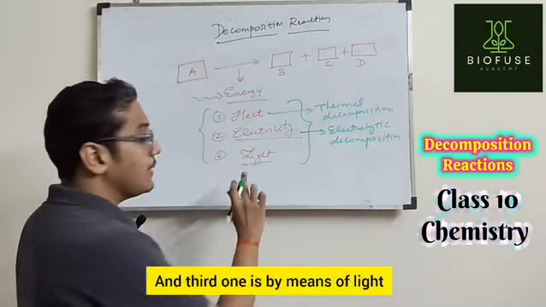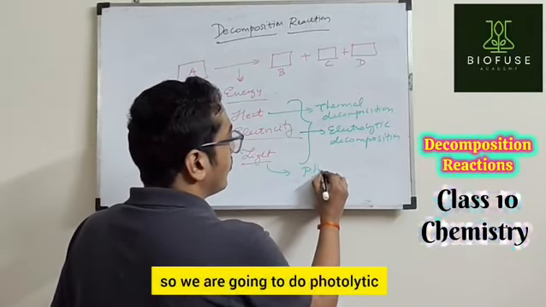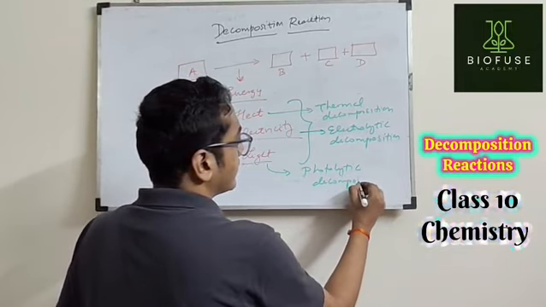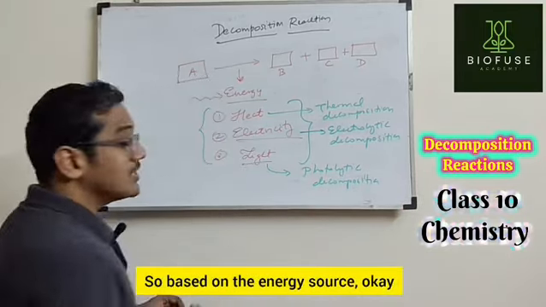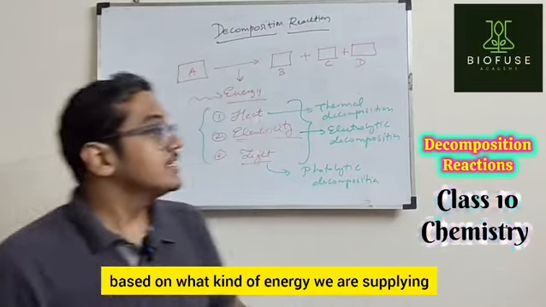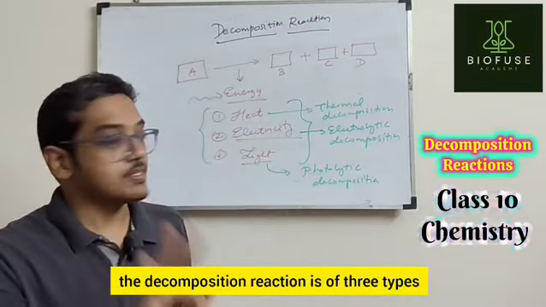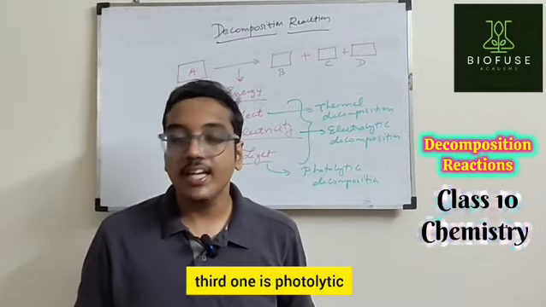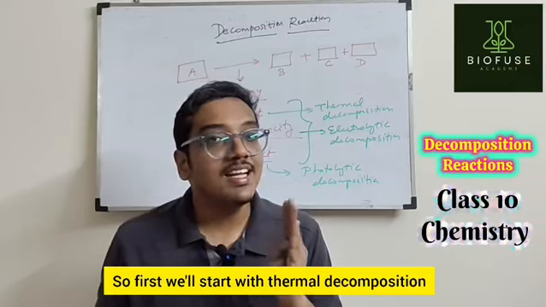And third one is by means of light, so we are going to do photolytic decomposition. So based on what kind of energy we are supplying, the decomposition reaction is of three types: thermal, electrolytic, and photolytic. First we'll start with thermal decomposition.